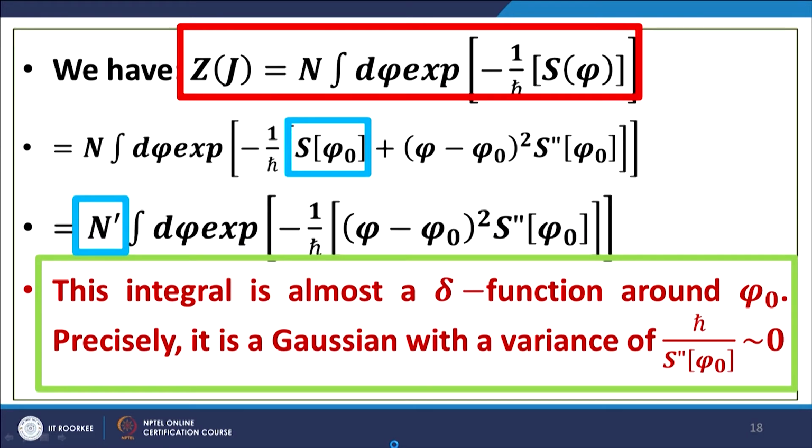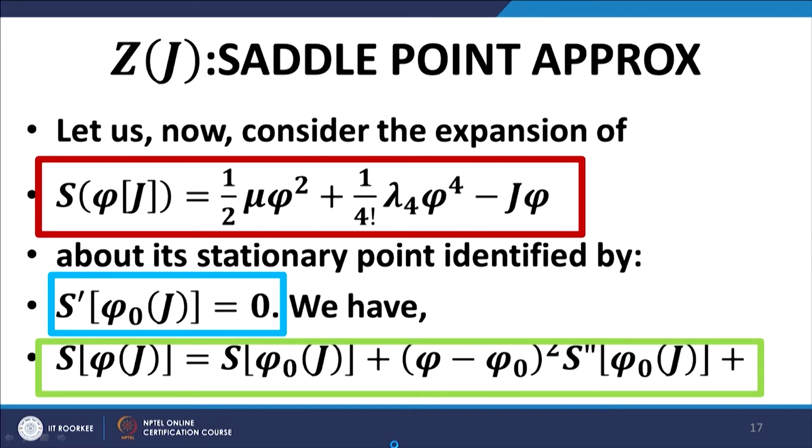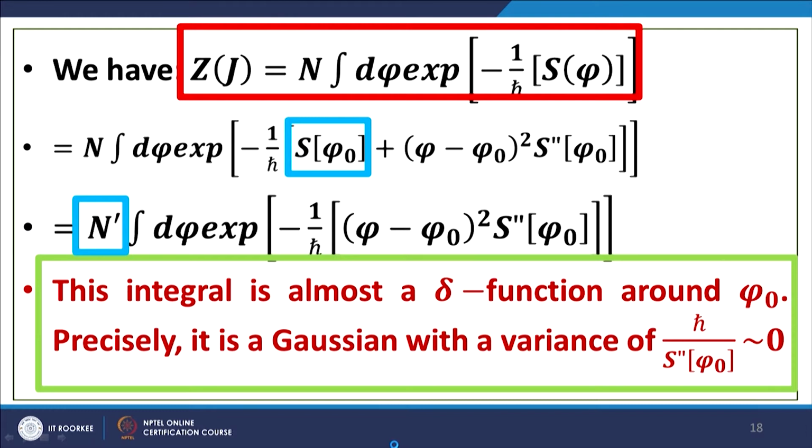And then we start with the path integral, and we write the path integral in this form, and now we expand our S phi in terms of the expression given here in the green box. Using this expansion, we write out the expression for S phi for the path integral given in the red box here, and we absorb the first term S phi 0 into the normalization, because it is independent of phi, it is a constant.